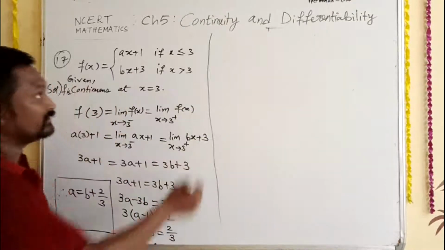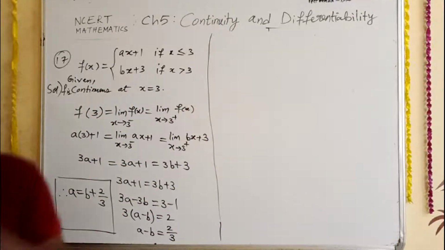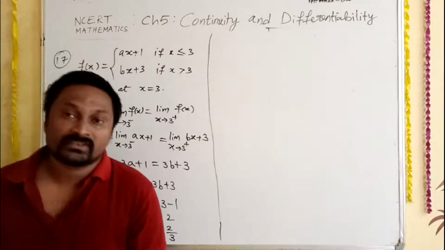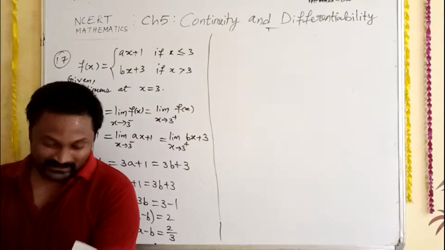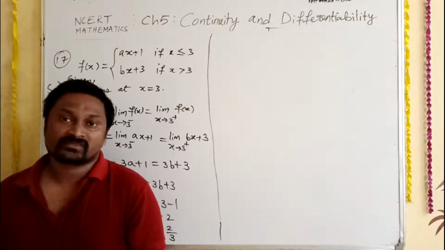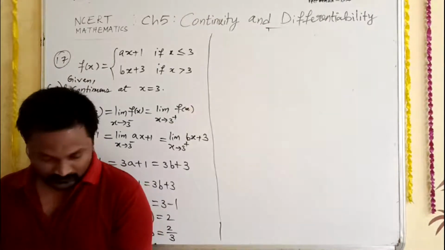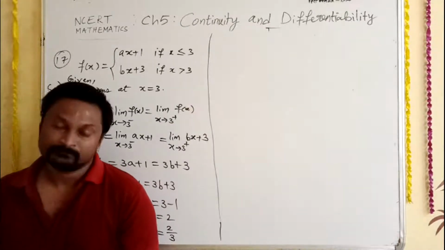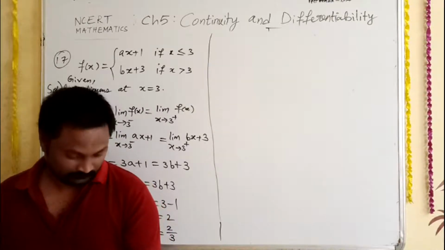Anyone having doubt, you can ask me now itself. Any doubt? Okay, no doubt. Kusum said there is no doubt in this. Can you solve the 18th one with the same method? Yes or no?